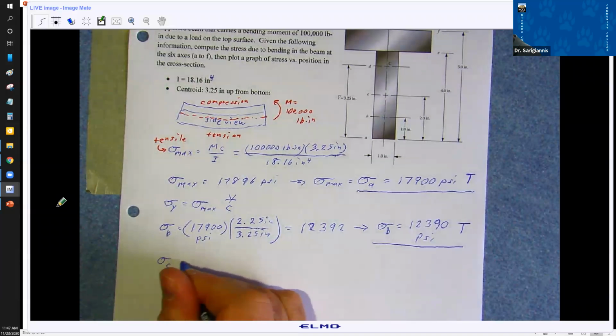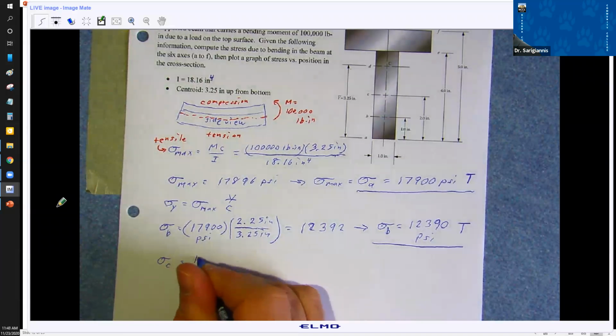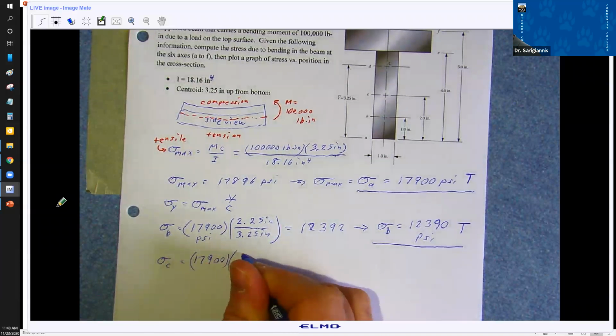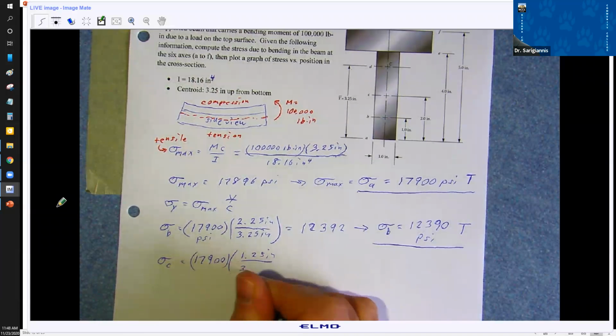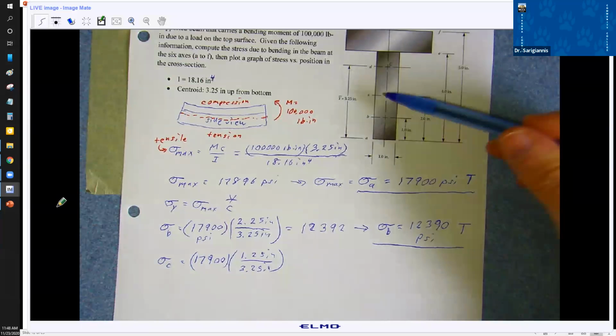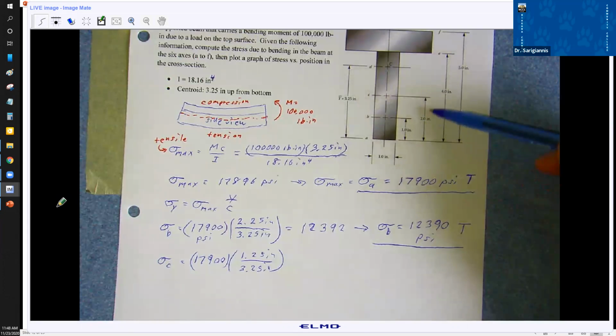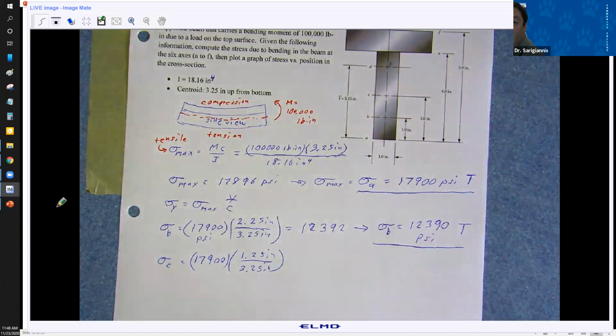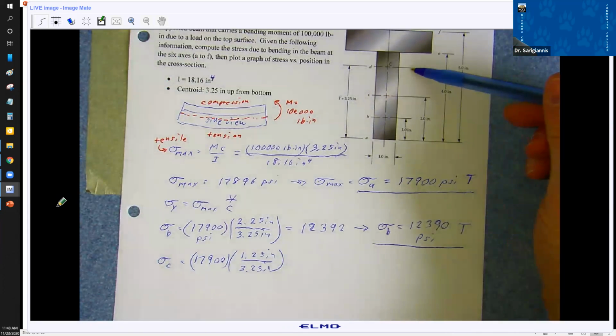Sigma C. So C, this is not the centroid C, this is the little c. y is 3.25 minus 2, so it's 1.25 inches away from the centroid.